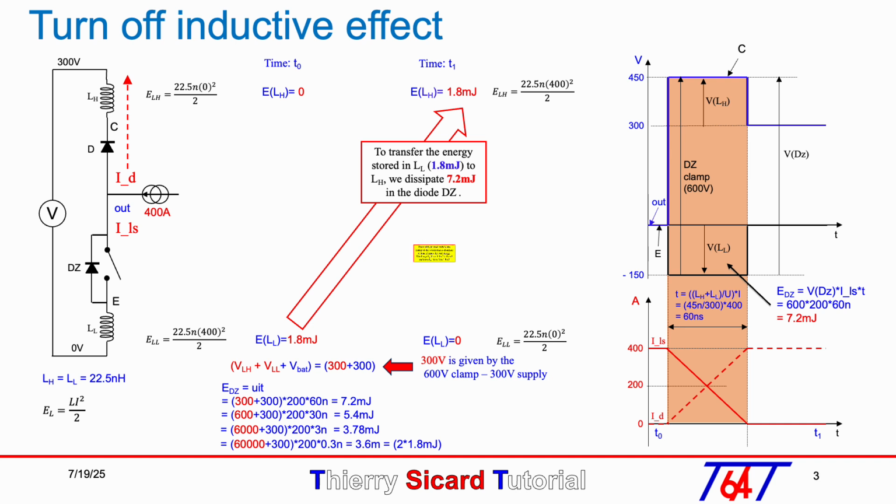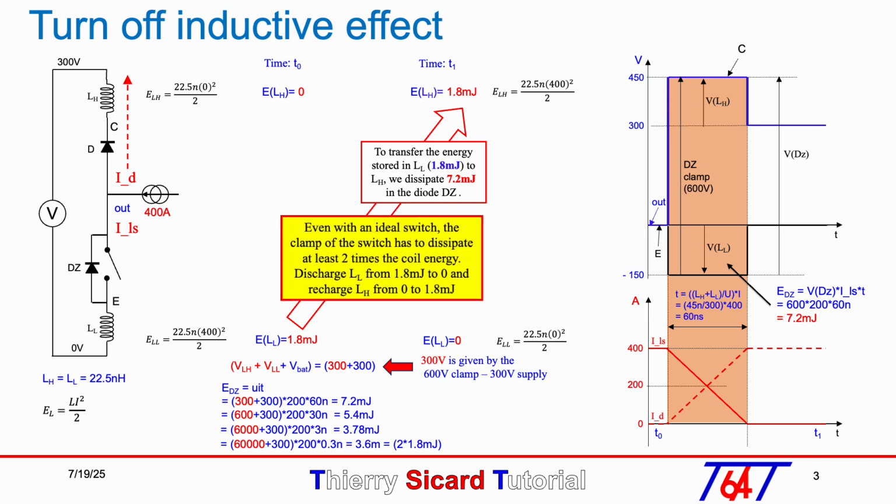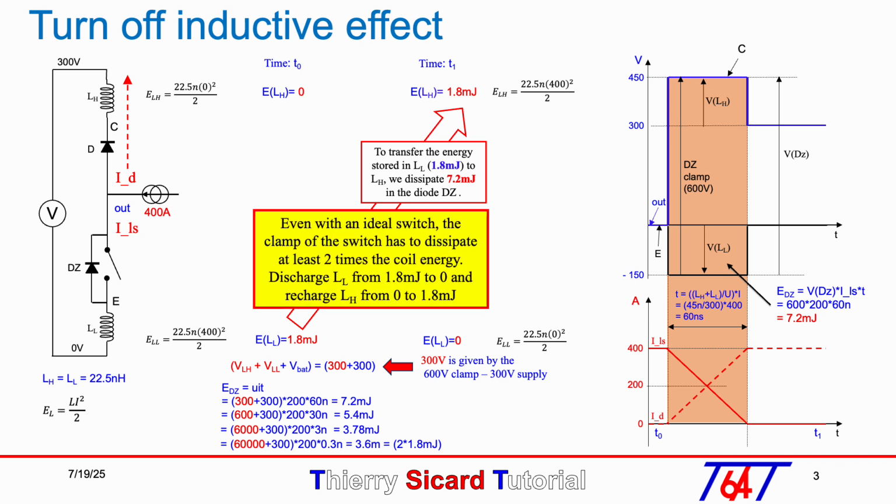This means that even with an infinite clamp voltage, the energy losses will be at least twice the energy stored in the parasitic inductance. But with a realistic 600 volt clamp, the energy loss is twice as high at 7.2 millijoule instead of the minimum of 3.6 millijoule.